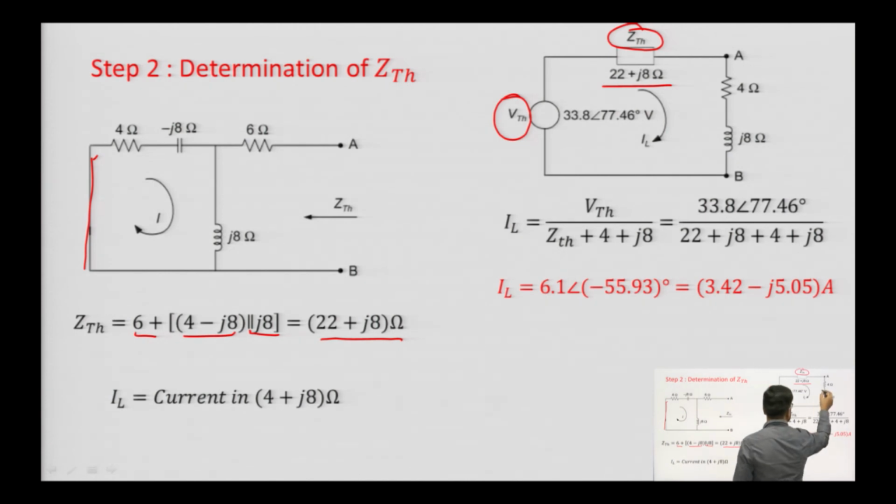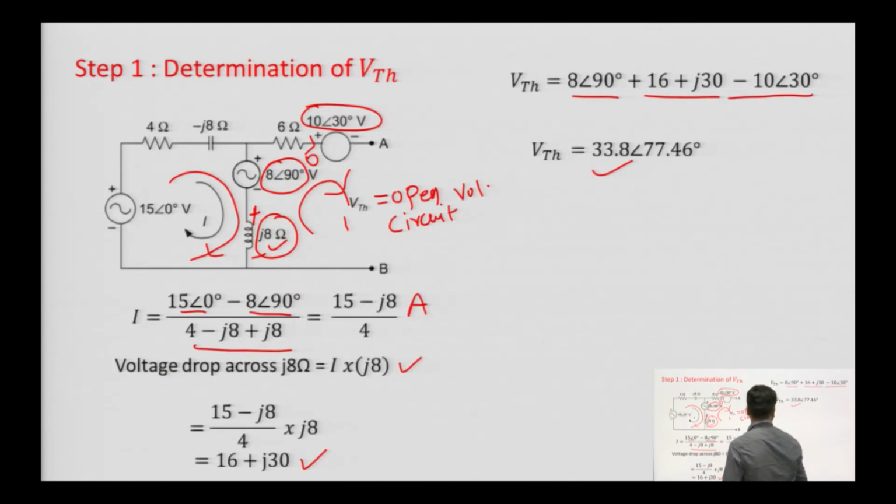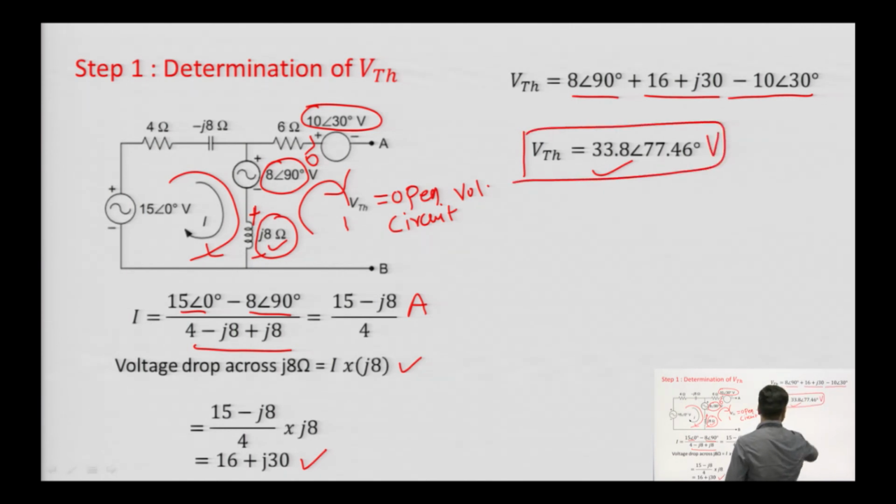Now, we need to find out the current in this 4 plus j8 ohm branch. So, this IL will be equal to VTH divided by ZTH plus 4 plus j8. VTH we have calculated as this much, obviously the unit will be volt.